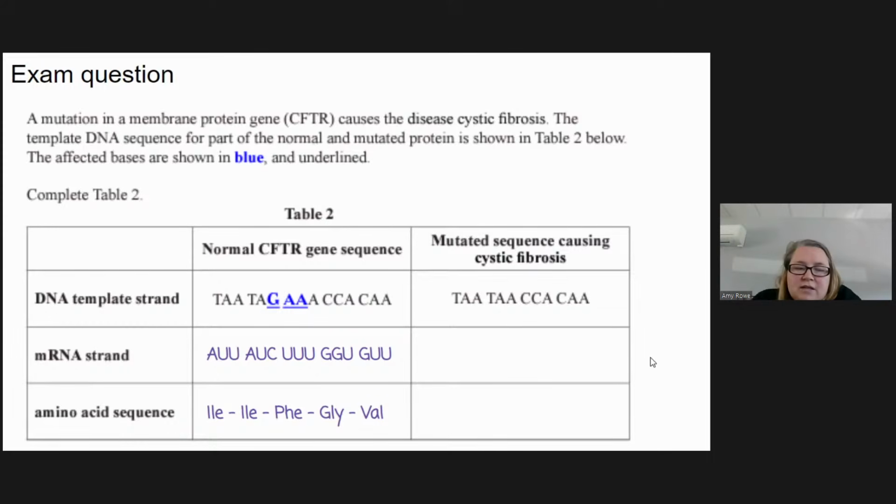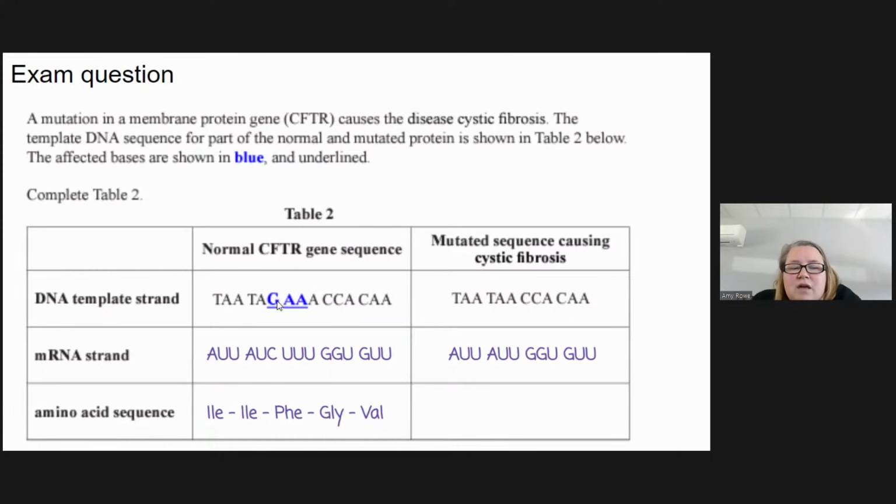Okay, and then for our mutated sequence, you can see already there has been a change here. So in our second codon, instead of being AUC, we now have AUU. Okay, then we have GGU and GUU. Okay, which are those ones here? Okay, but something's missing from the middle.